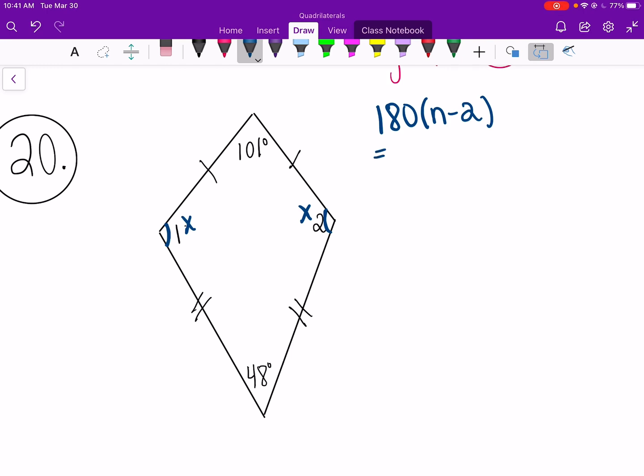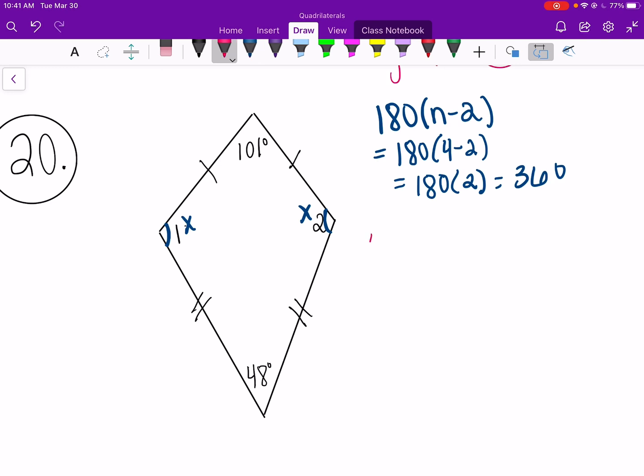In this case, our n would be 4 since we have 4 sides, which gives us 180 times 2, or 360. So I know that all 4 angles of my kite have to add to 360.